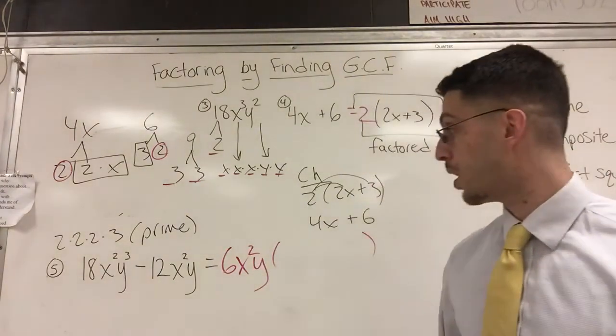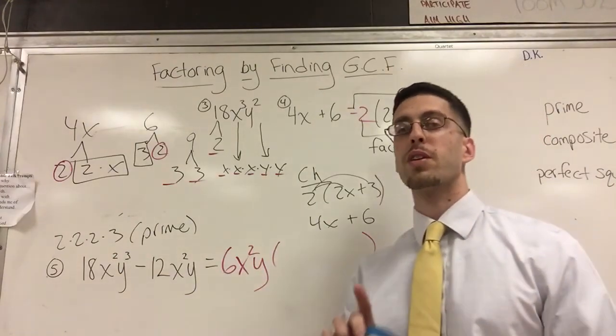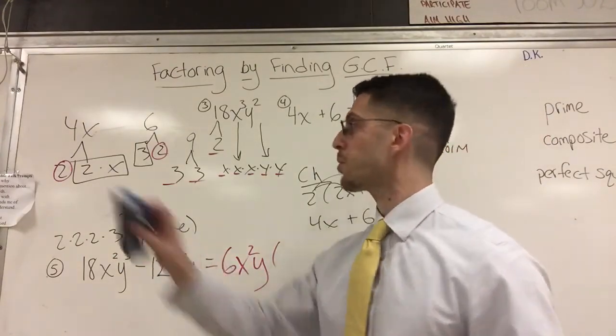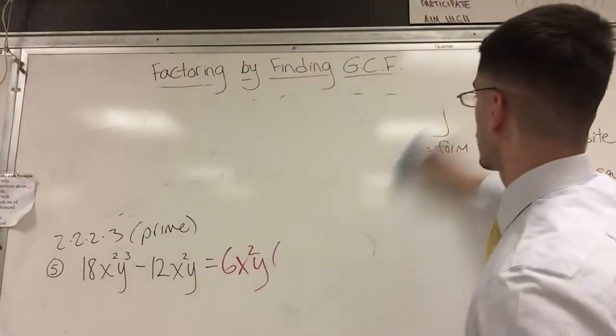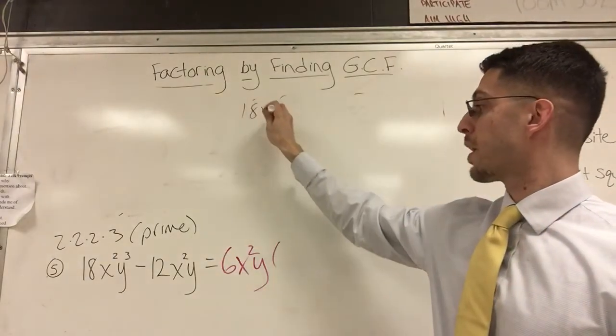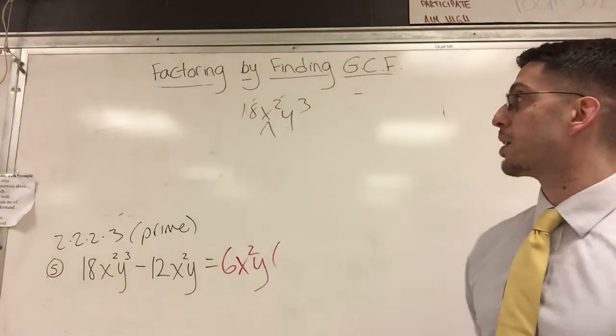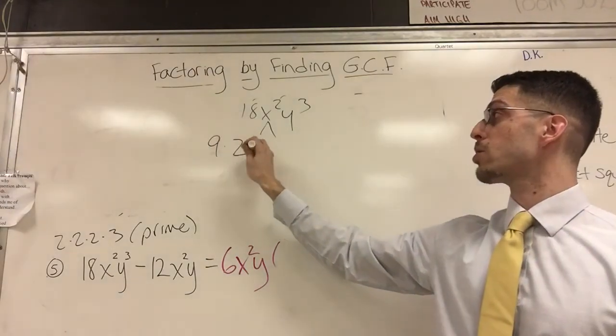All right. Hopefully 6 times what gives me 18. You'll figure it out. But I'm going to show you how to figure it out foolproof without killing yourself. You just show your work. So check this out. I'm going to write my 18, x squared y to the third, and break it down. So 18 is really 9 times 2.